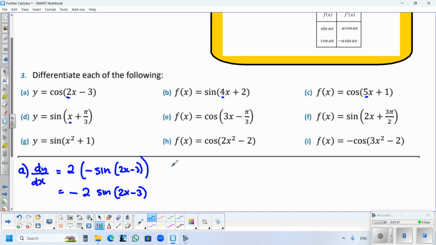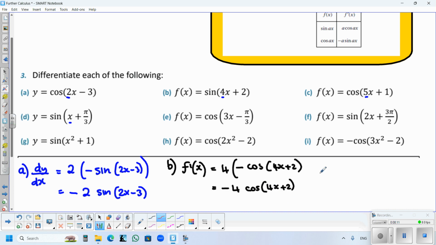Next one, part B. So for part B, we've got f dash x, and the number in front of the x is 4, so we do 4. The derivative of sine is negative cos, so it's minus cos, angle stays the same, which is 4x plus 2. Tidy it up, gives you minus 4 cos 4x plus 2.